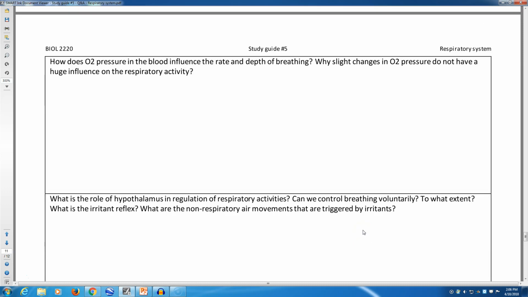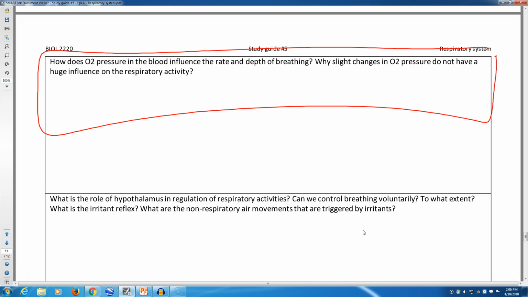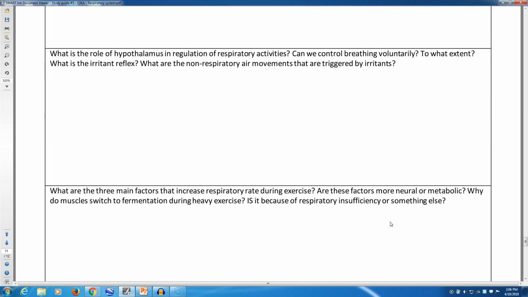We answered this question. Do we understand? We just answered it. Role of hypothalamus. It hurts, we breathe. Okay? That makes sense?